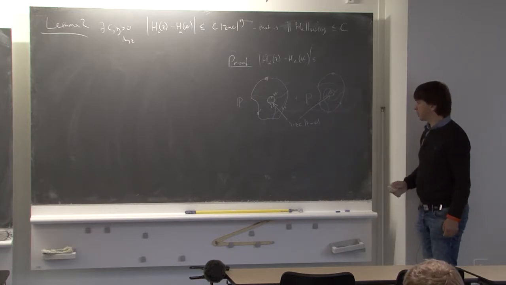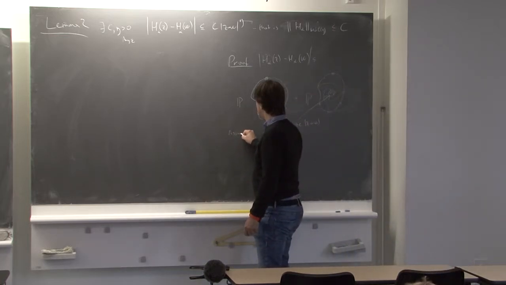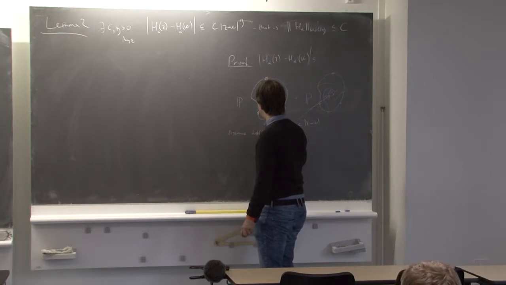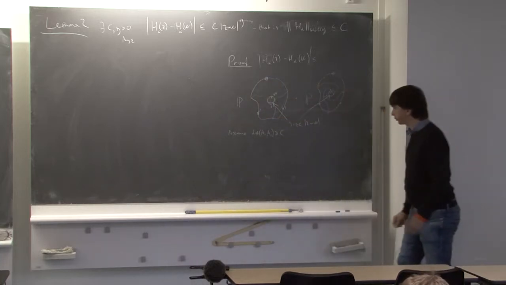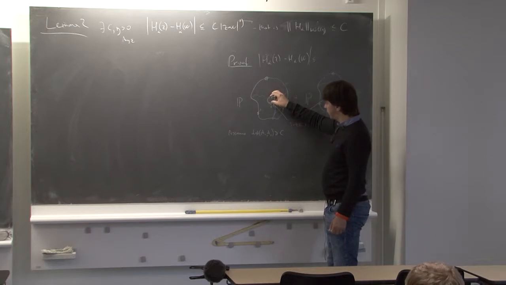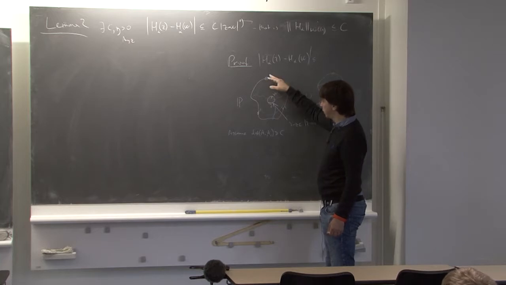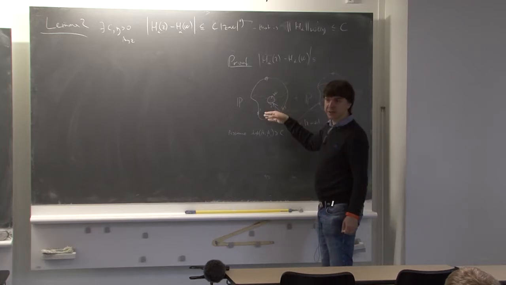So what can happen? Assume that the distance between any two points a_i, a_j is at least a constant C, and we have this small bow. The small bow will be away at least from one of these three sides.